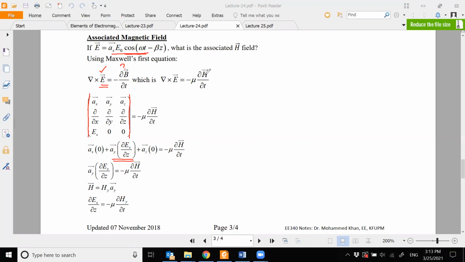So this is telling me that the right hand side, H bar, I can write as Hx plus Hy plus Hz. Since my left hand side has only ay term, my right hand side will also have only ay term. So therefore these two automatically go to 0.